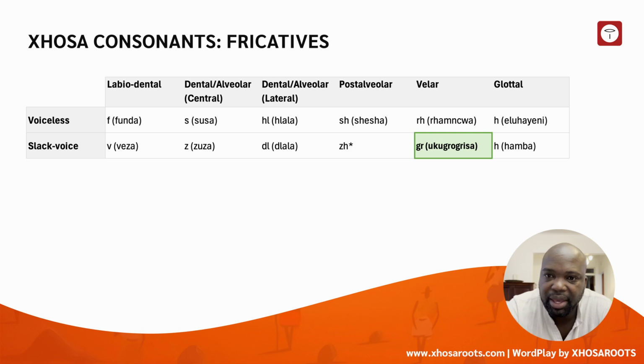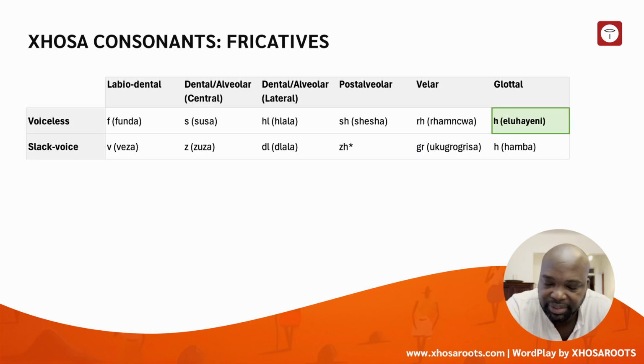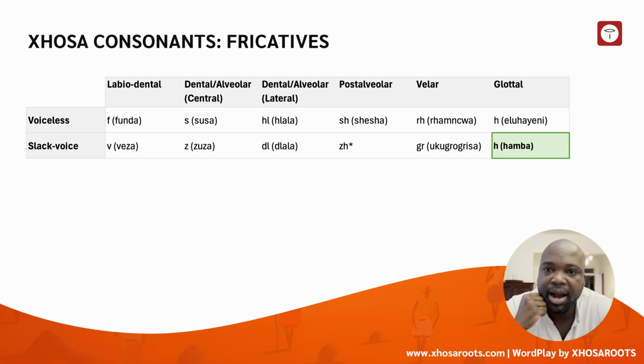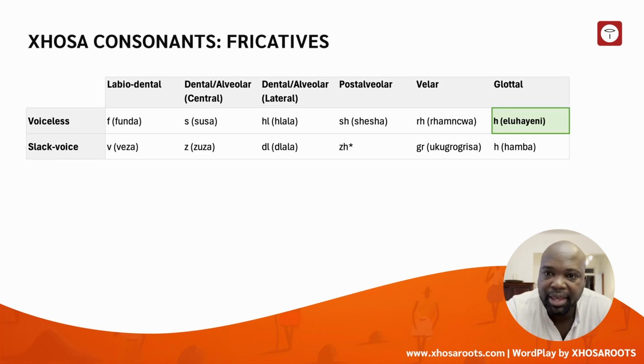And lastly, we have the glottal fricatives. For the glottal fricatives, we have the sound ha for the voiceless. And for the slack voice is the voiced ha. And eluhaini, something that's not serious.